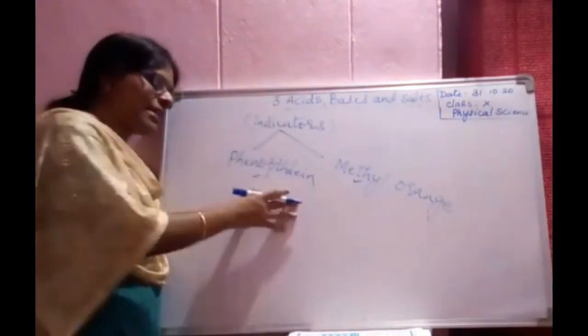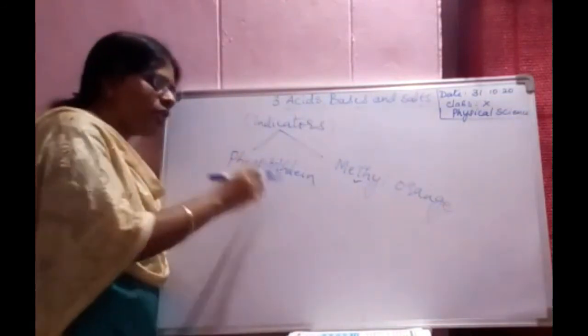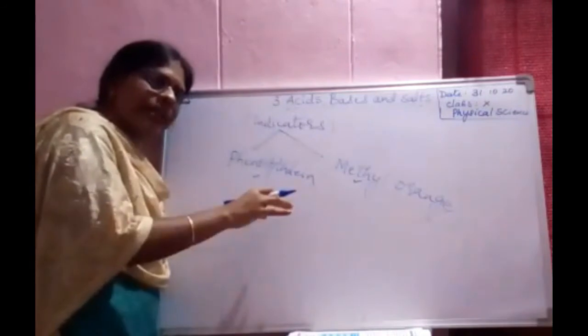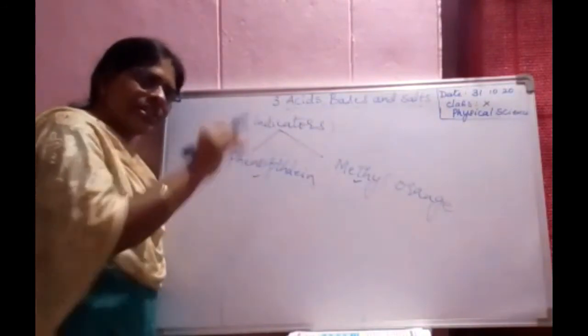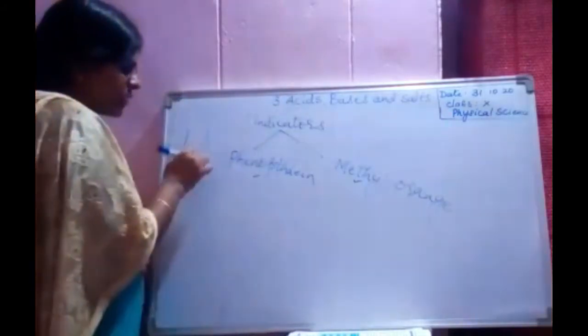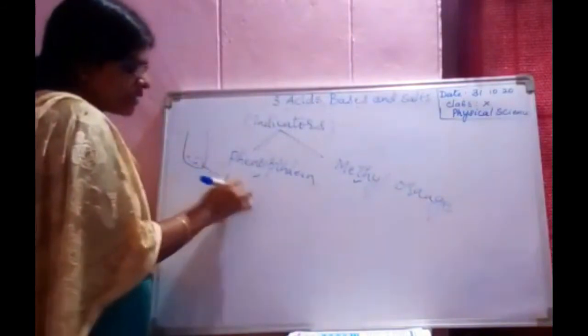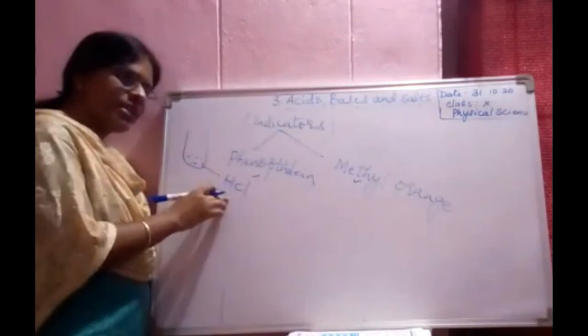Now, how to test whether it is an acid or a base? First take a test tube, let us assume. In a test tube, we have taken HCl.